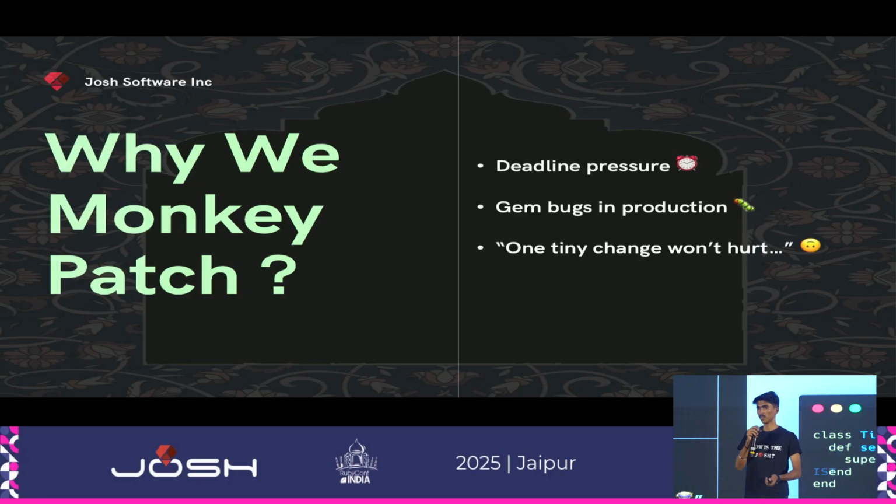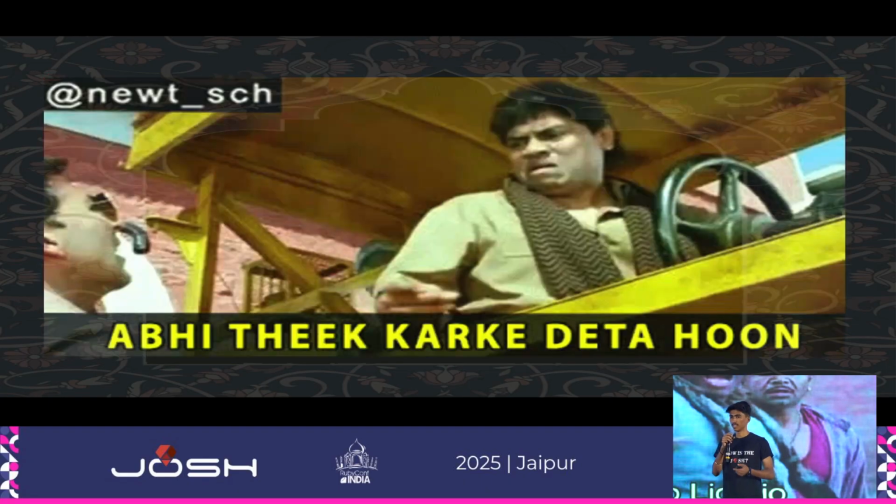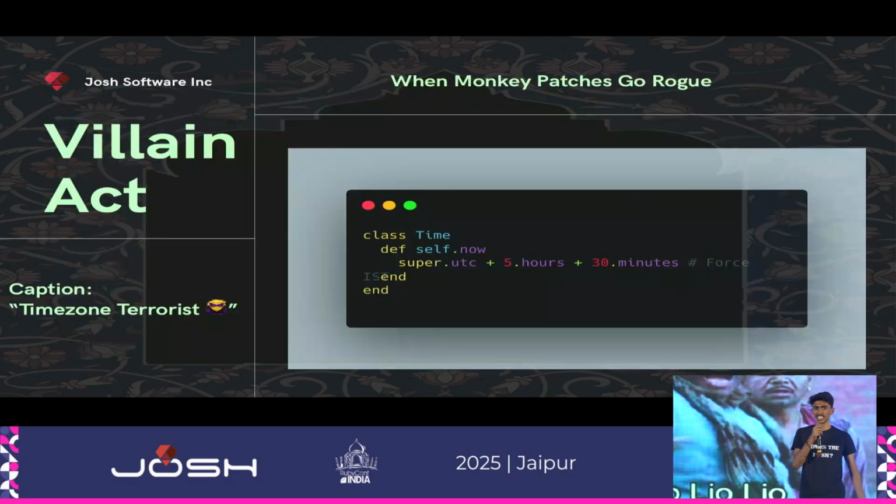But then, wait, suddenly the code breaks. Why? Because the scheduled jobs have misfired, the logs are chaos, and wait, what about the international users, right? And the monkey patch will be like, "This is my fault too."